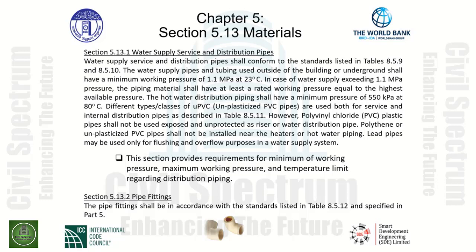Polyethylene or unplasticized PVC pipe shall not be installed near heaters or hot water piping. Lead pipes may be used only for flushing and overflow purposes in a water supply system. This section provides requirements for minimum working pressure, maximum working pressure, temperature limit regarding distribution piping.